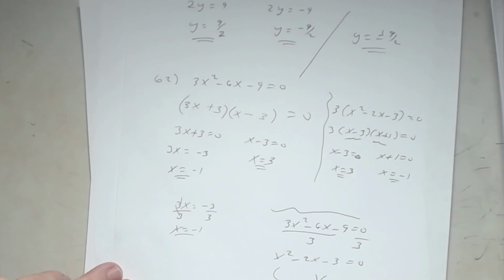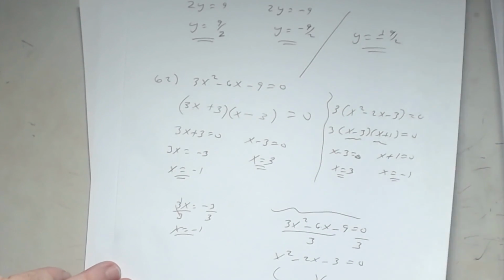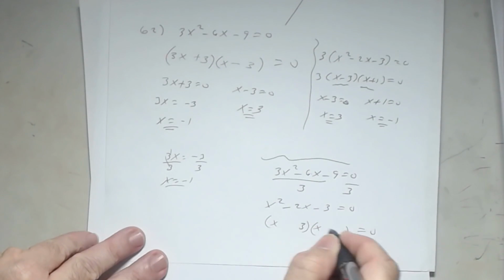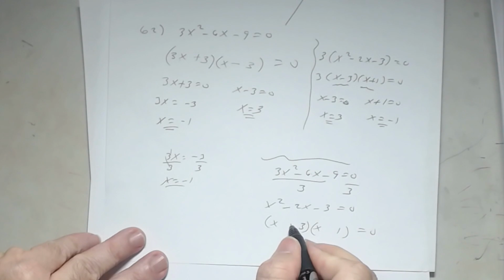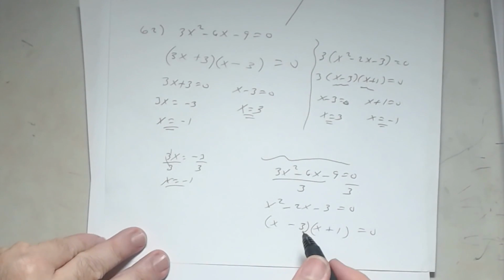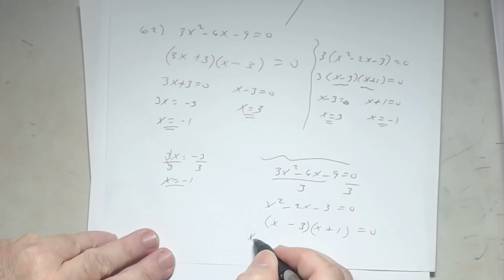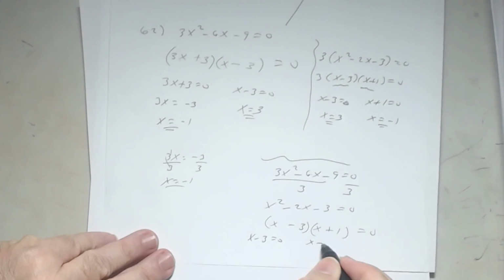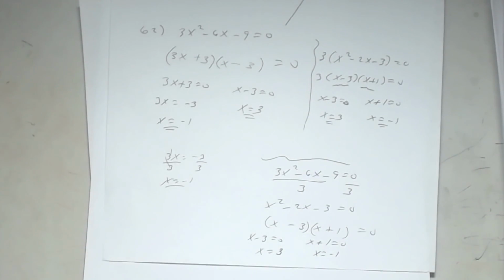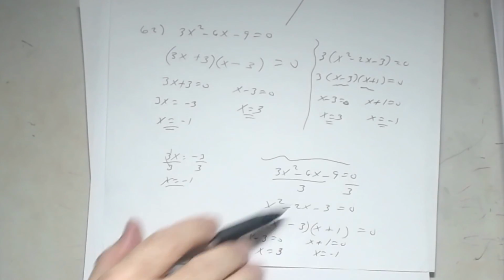And then you factor: x and x, 3 and 1. The 3 has to be negative and the 1 has to be positive. Set each one equal to 0, the zero factor property. So x minus 3 equals 0 and x plus 1 equals 0. So x is 3, and x is negative 1. So either one of these is fine. It works.